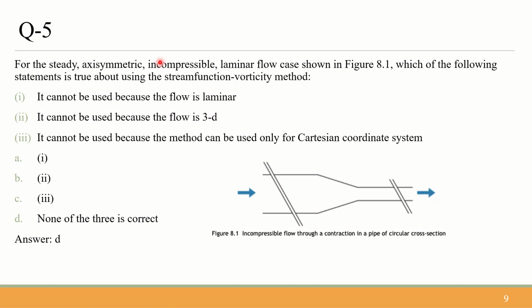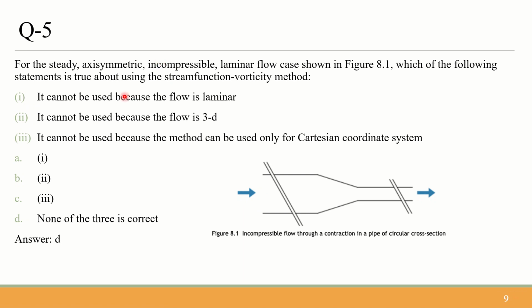The first one says it cannot be used because the flow is laminar. Here we are dealing with the stream function vorticity approach. In this approach, we introduce two other variables, stream function and vorticity, and eliminate the pressure term. It is applicable only for transient and 2D systems, or pseudo steady state systems, and therefore it is applicable only for 2D systems.